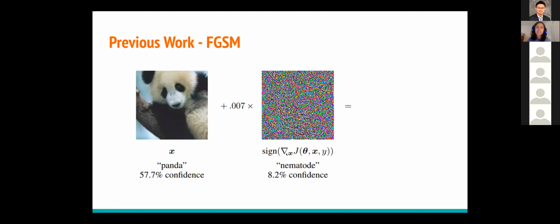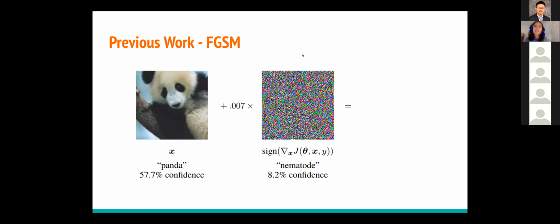And basically what the sign tells us is, if it's negative, we can make the prediction worse by decreasing the value of a pixel. If it's positive, we can make the prediction worse by increasing the value. And then we multiply all these signs by a small epsilon, and this ensures that our changes are small.